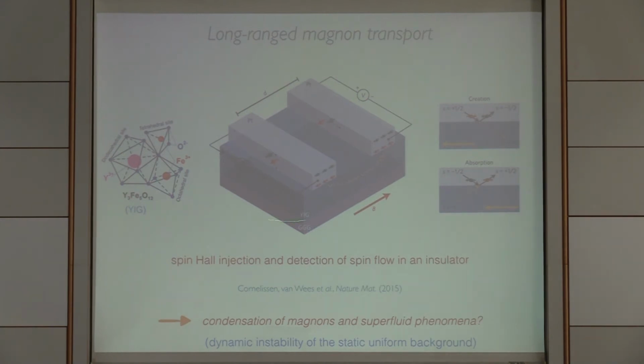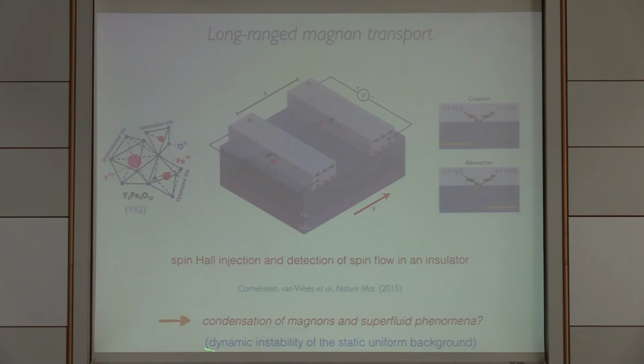I'm not going to go into the microscopic details, but just keep in mind that these days, in this kind of lateral geometry, metals are routinely used for injecting spin by the spin Hall effect and detecting spin current by the inverse spin Hall effect. The key here is that we have long-range transport of magnons.